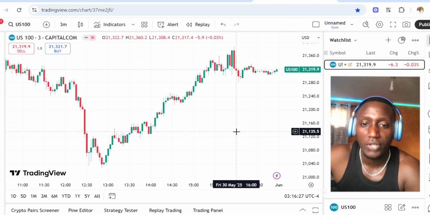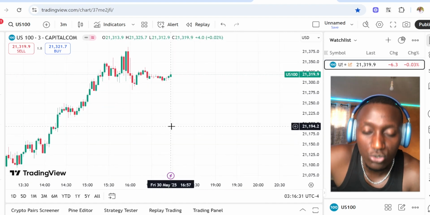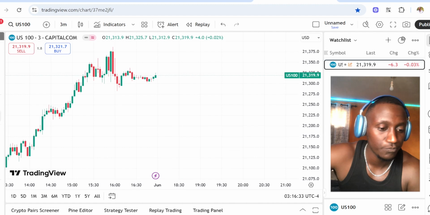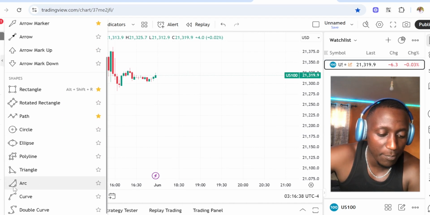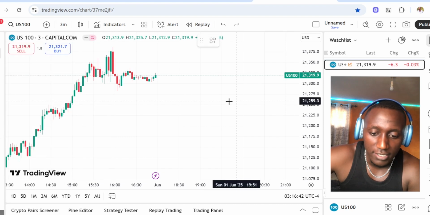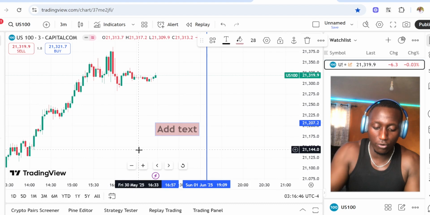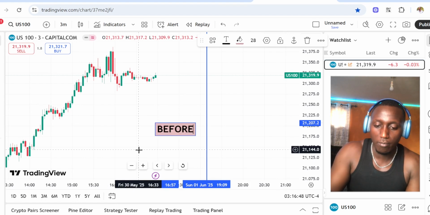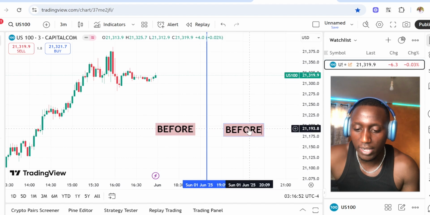So how do you use market structure to catch big moves? I want you to imagine that there is a line separating your timing window from the rest. So this is before market opens, and this is after market opens.